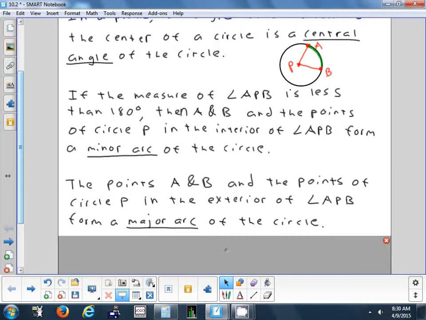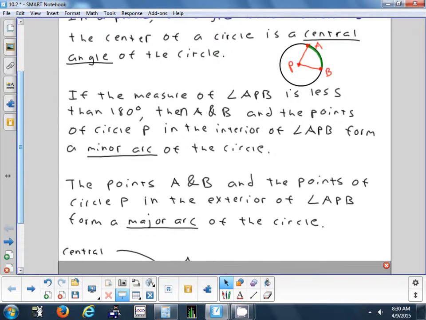Right, so now if you look at points A and B, and look at all the points that are in the exterior of that angle. In other words, all the points that are not between the two rays of that angle on the perimeter. That's a major arc. Okay, I think I got another picture.